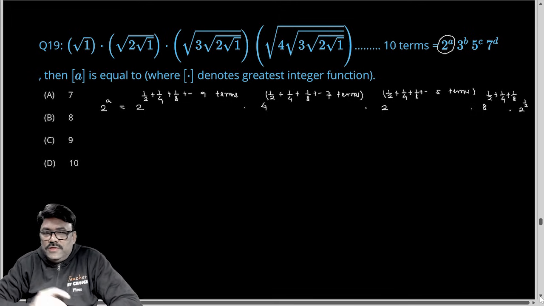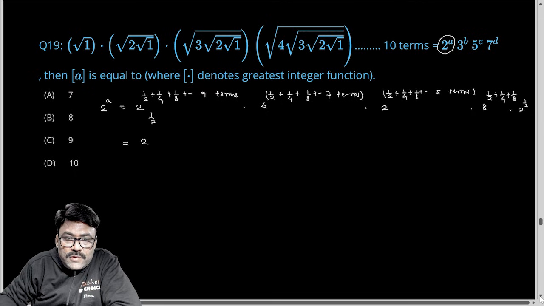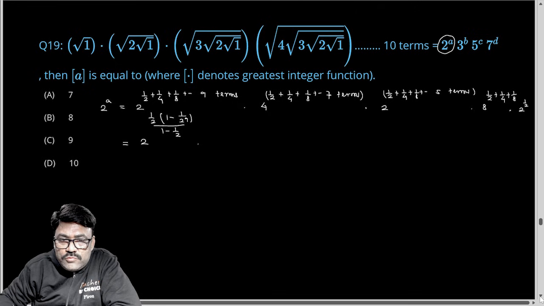So now what you are getting here? You are getting 2 raised to, just add using GP. It is a GP with first term half, common ratio also half, number of terms 9, over 1 minus half. I'm using the GP formula a(1 minus r raised to n) over 1 minus r. Then 4 can be written as 2 square, and again GP with first term half, common ratio also half, number of terms 7, over 1 minus half.